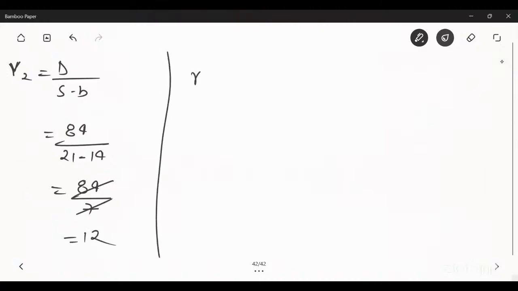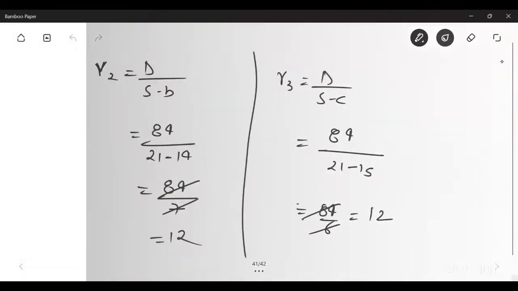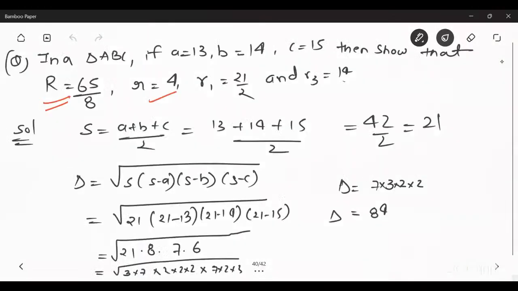Now the last, the value of R3 will be delta upon S minus C. So delta is 84, S is 21, and the value of C is 15. So 84 upon 6 is equal to 14. So we have proved the values of R1, R2, R3.